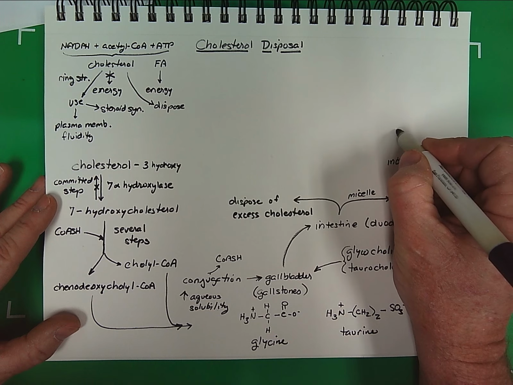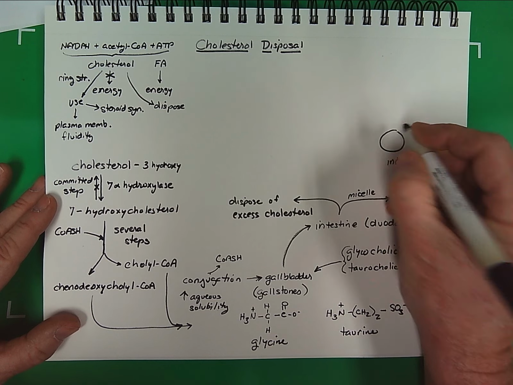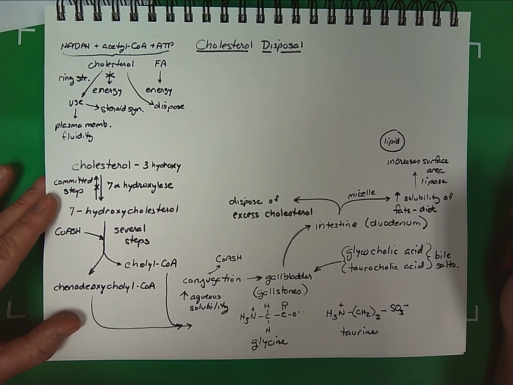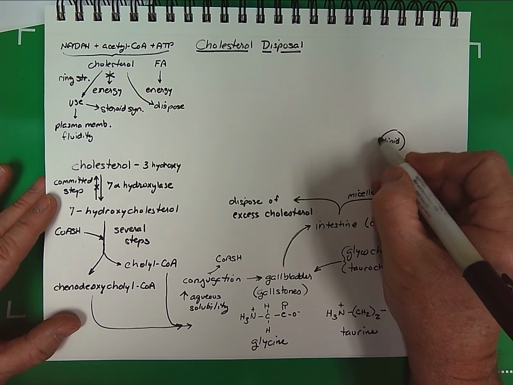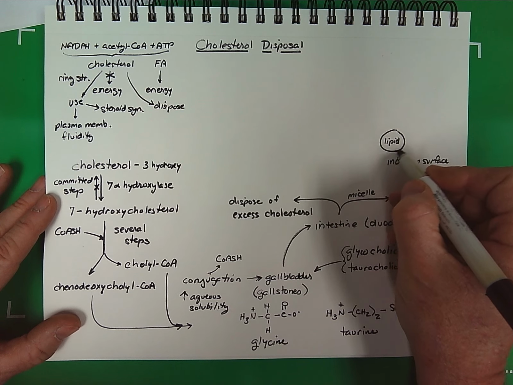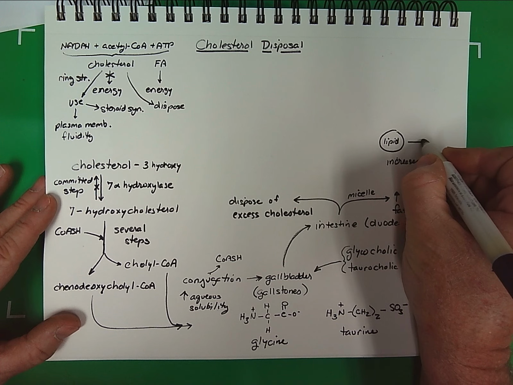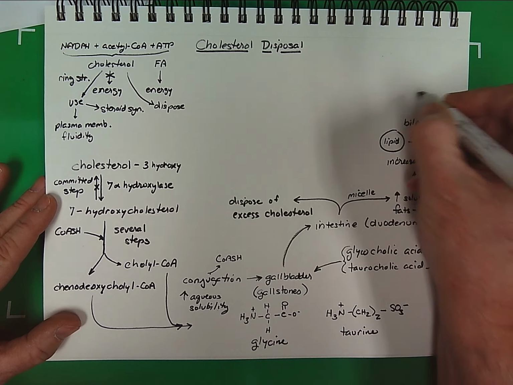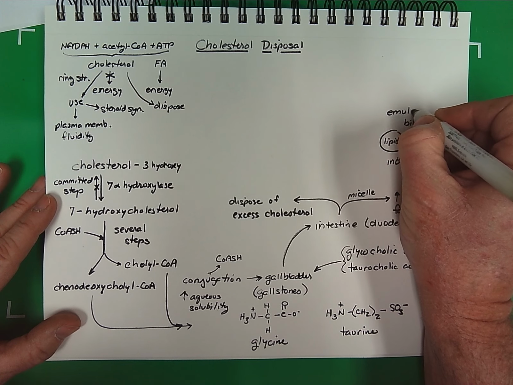If we have large lipid droplets from our dietary fat, we only have a certain amount of surface area for the lipases to work on. So what the bile salts are doing is a process called emulsification.